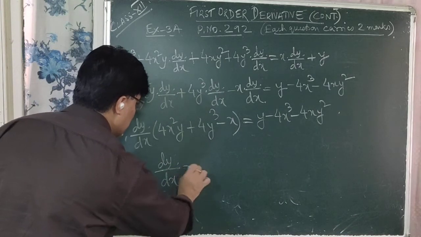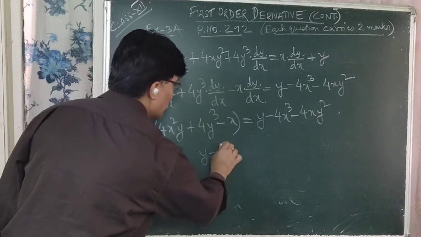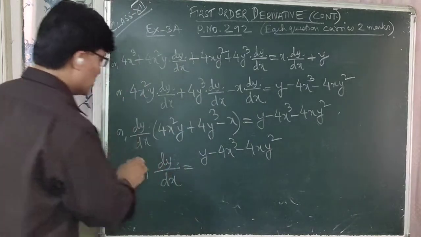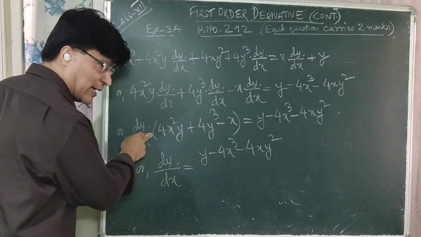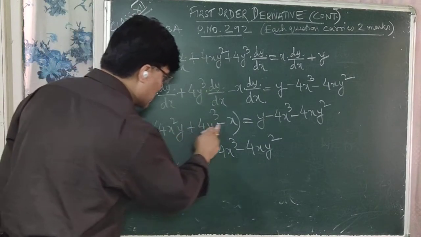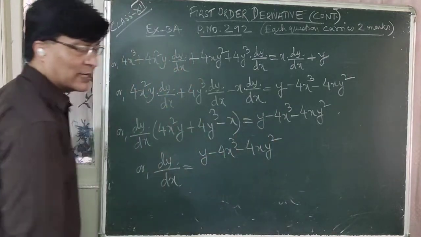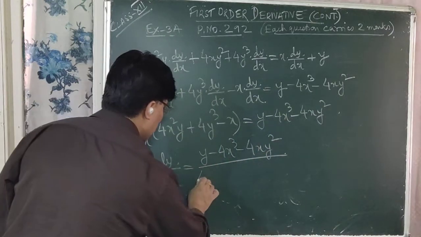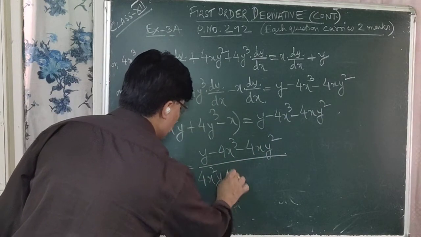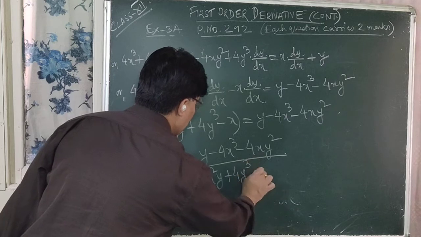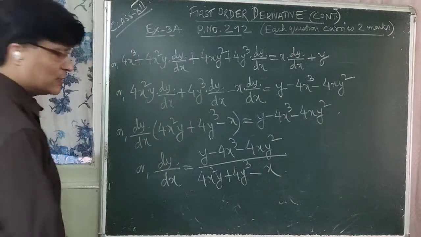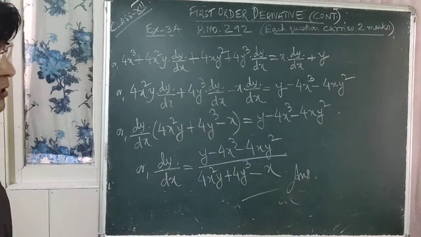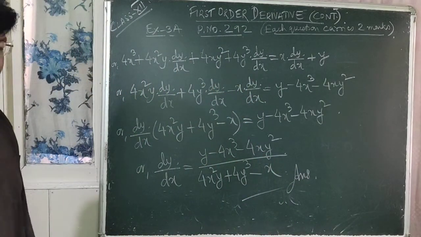So dy by dx is equal to y minus 4x cube minus 4xy square. Since this is dy by dx into the bracket, when this term within bracket goes to the right hand side, you should write it in the denominator. So divided by 4x square y plus 4y cube, then minus x. Okay. So this is the final answer. So I think you've understood it. So you can copy it.